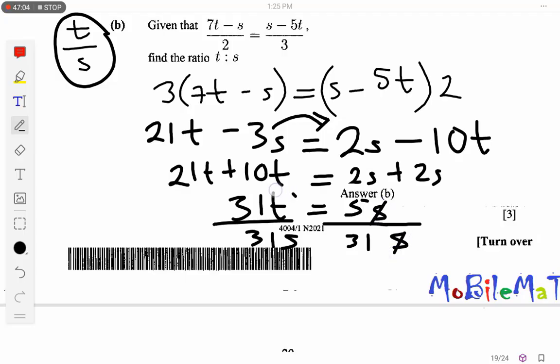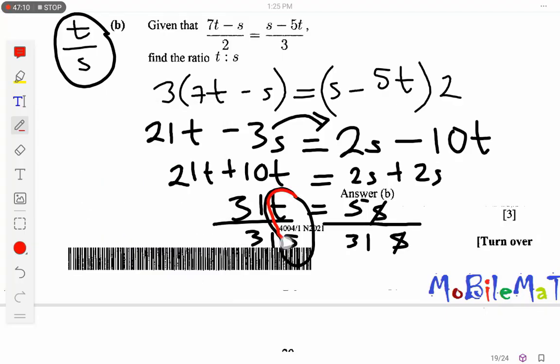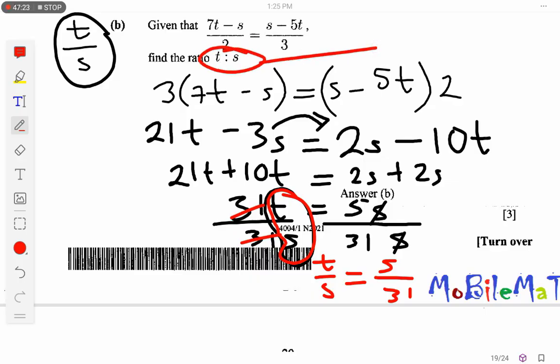Okay, and I'll have a t and an s like that. So at the end of the day, the 31s cancel off each other. So my t over s here is equal to 5 over 31. So the ratio t to s is 5 to 31.